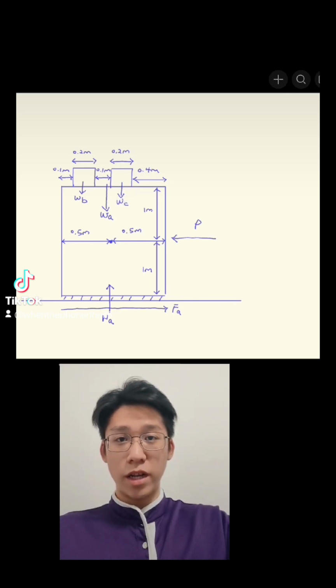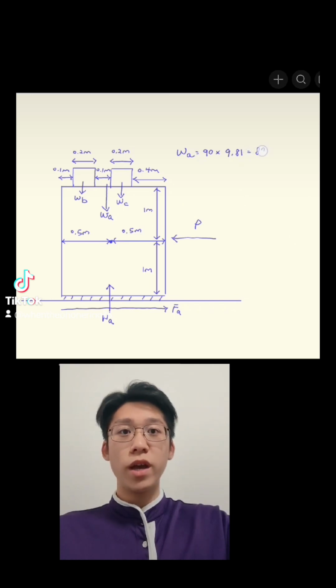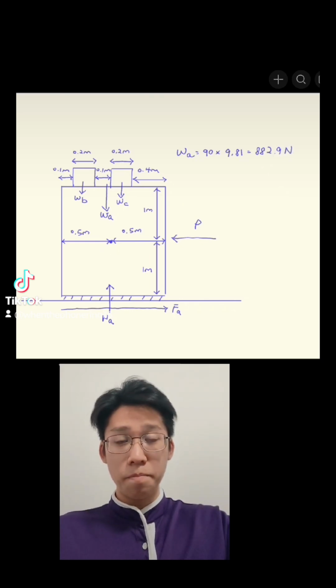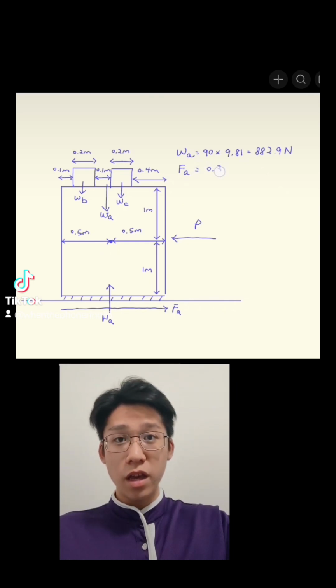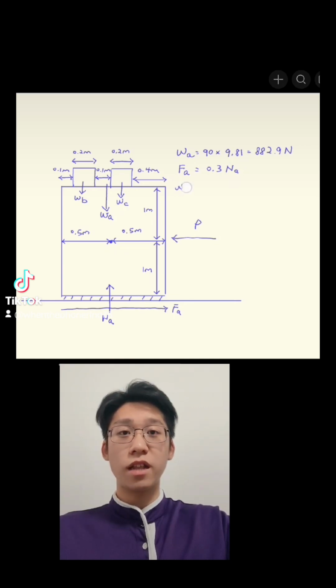And now is the calculation for WA, which is equal to 90 kg times 9.81 equals 882.9 Newton. And the friction force FA is 0.3 NA, where the static coefficient is 0.3.